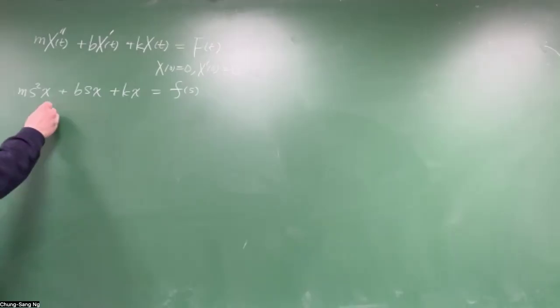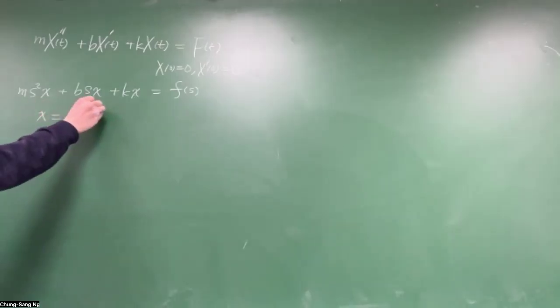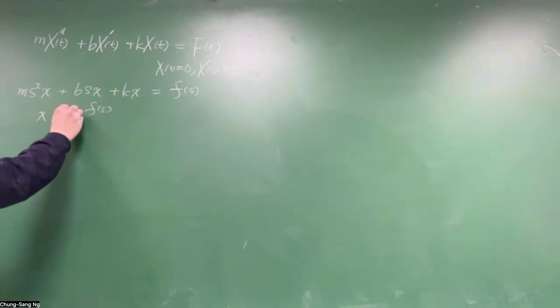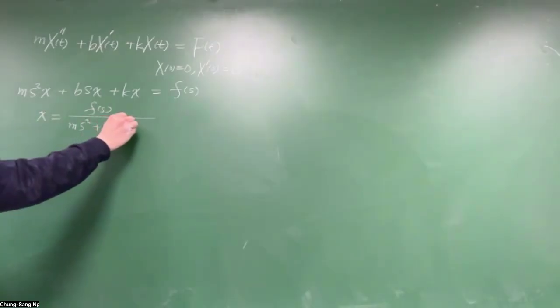Okay. And now the solution is straightforward. And X is F divided by m s squared plus b s plus k.